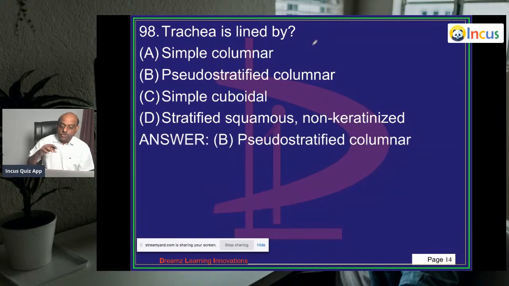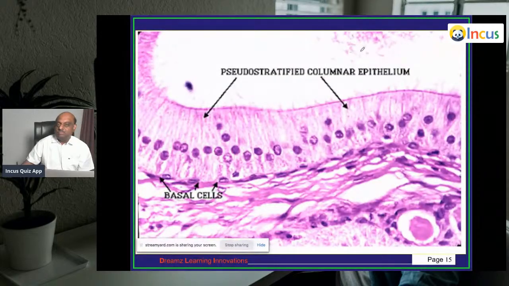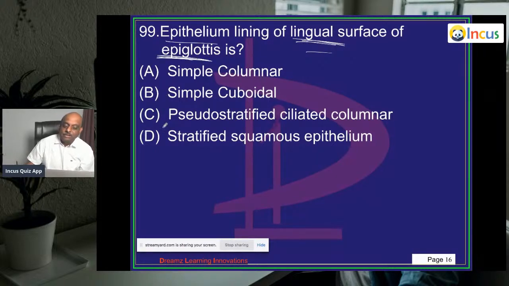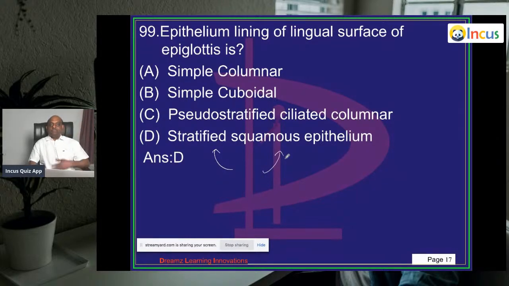Trachea: pseudo-stratified ciliated columnar epithelium. That is what you need to remember. Lingual surface of epiglottis: the epithelium lining the lingual surface of the epiglottis is typically stratified squamous epithelium.